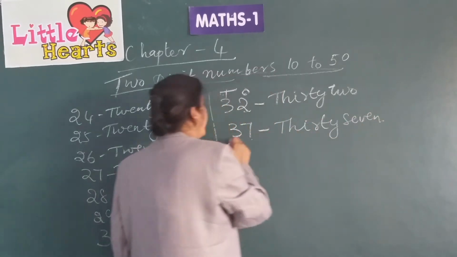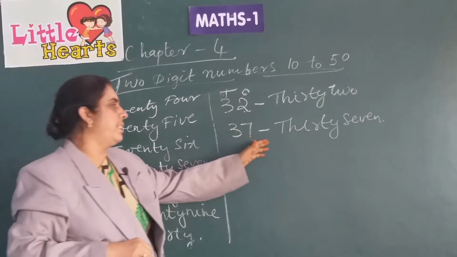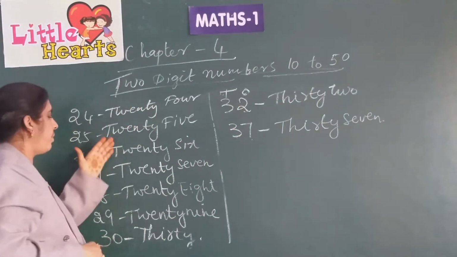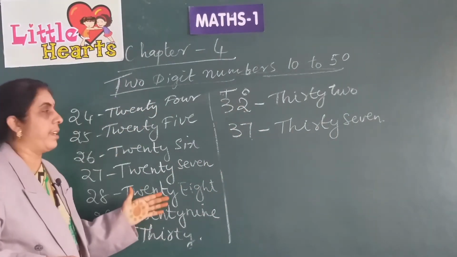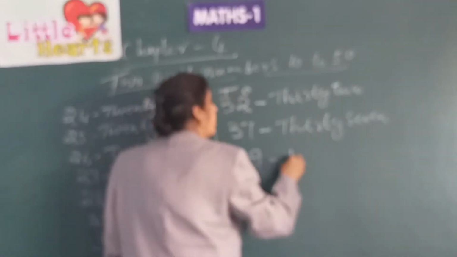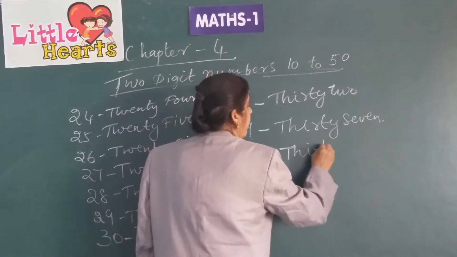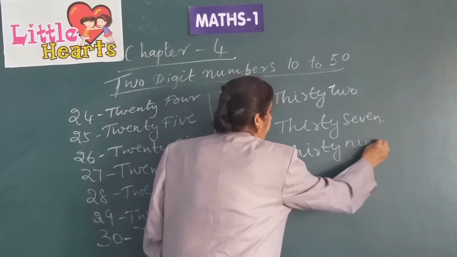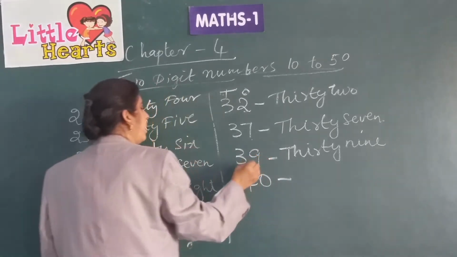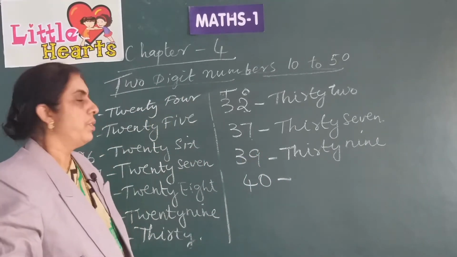When 3 is in the tens place, we should read it as 37, 38 like that. When 2 is in the tens place, we should read it along with 20. And this comes 39. Next comes 40. After 39, we have 40.